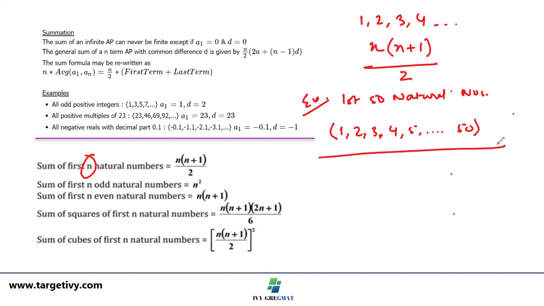If I'm asked to sum these numbers, believe me, the longer way is pretty pathetic. 1 plus 2 is 3, 3 plus 3 is 6, 6 plus 4 is 10, 10 plus 5 is 15. I mean, this is ridiculous. So, a smarter way: the sum of n natural numbers is n into (n plus 1) by 2, which is 50 into (50 plus 1), 51, by 2, which is equal to 25 into 51, which is equal to 1275.